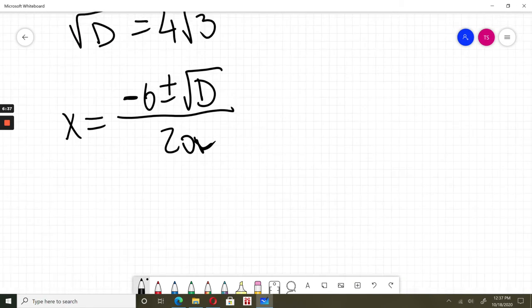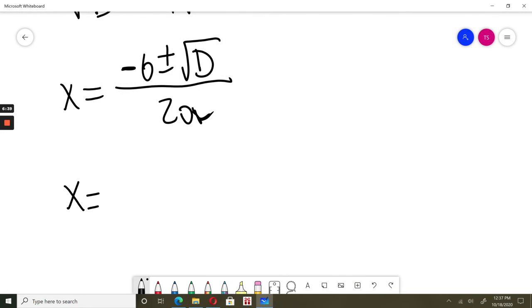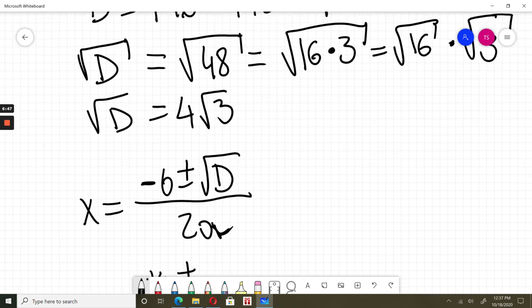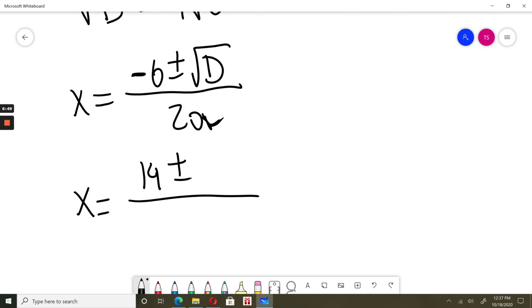So x equals negative b, which is positive 14, plus or minus the square root of the discriminant, which is 4 square root of 3, divided by 2a. 2 times 1 is just 2.